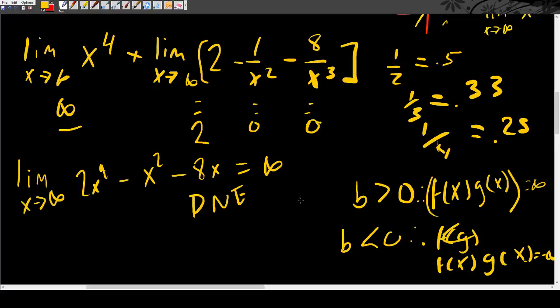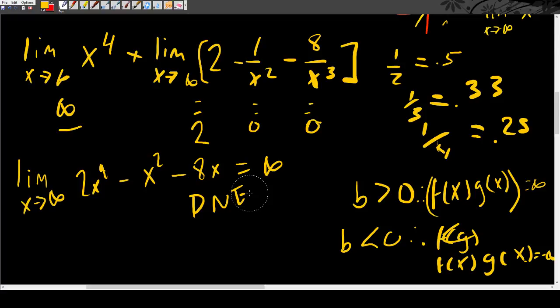Sometimes you'll have a question like this with A, B, C, D, E. A through D will be numbers, and E will be does not exist, and your answer will be infinity, but you'll have to write does not exist. Then the next question will have the same idea, but instead it says A, B, C, and then D, E are infinity and negative infinity, and you have to pick which one it is.